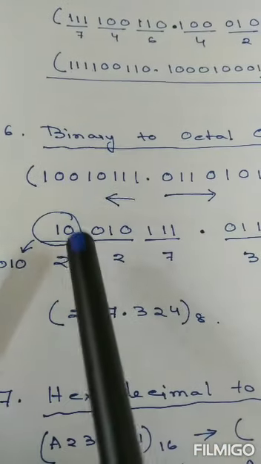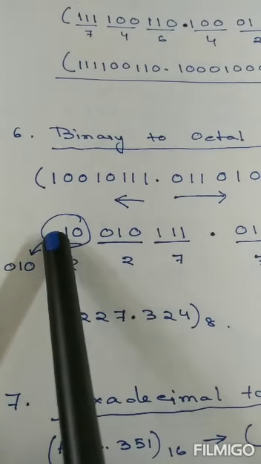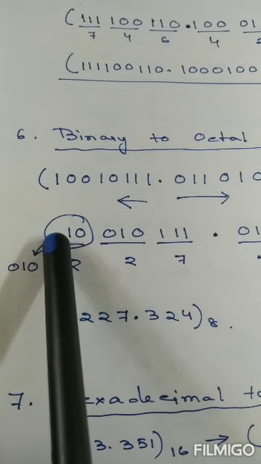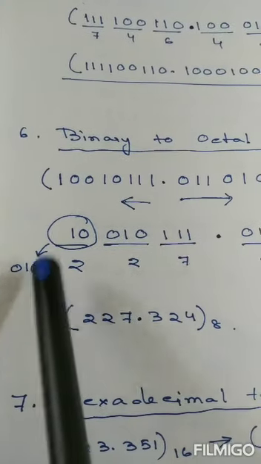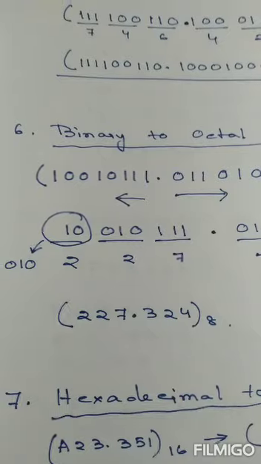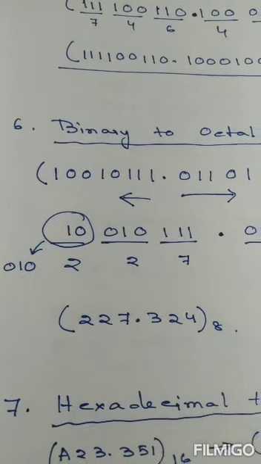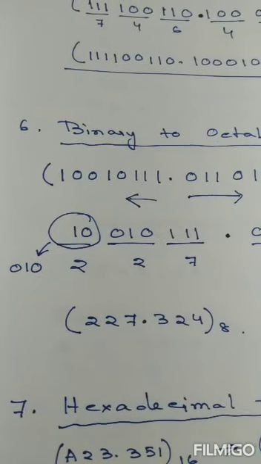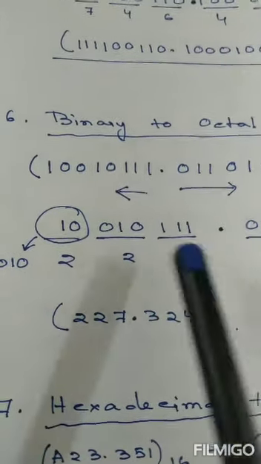Then 01. Okay, for 01, you can add a 0 in this position. Then what will be the number? 010. It represents 2. Don't add 1. You should add 0 if you want to represent it in 3 bits.